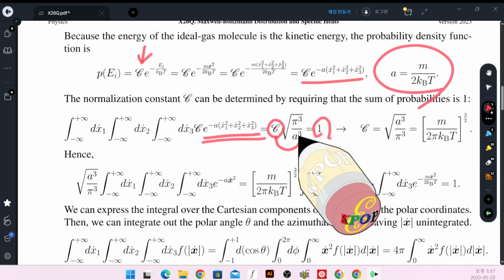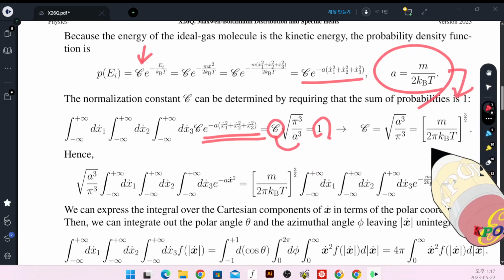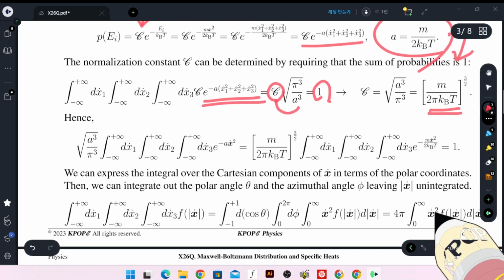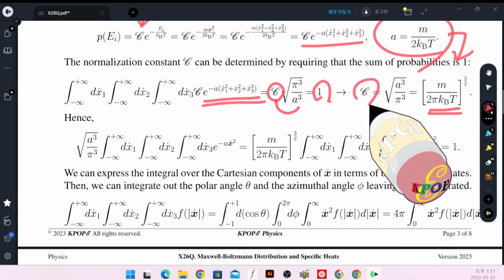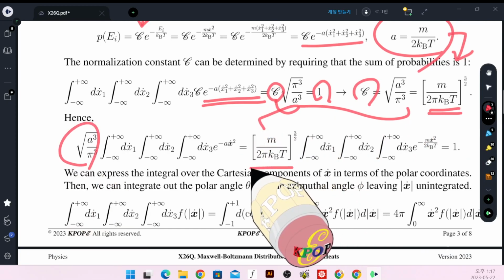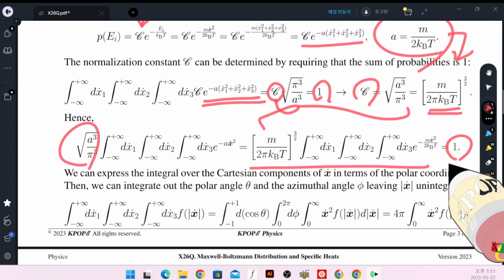If I substitute the explicit value for a, then we obtain the overall normalization factor. We can check the calculation by substituting this explicit value for C in here. Finally, we reach the point that the sum of the probability of all possible velocity states of a molecule must be 1.